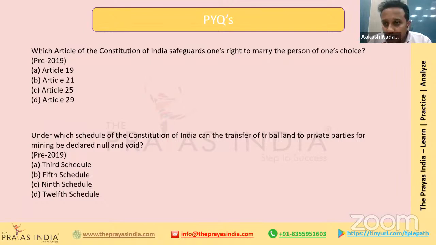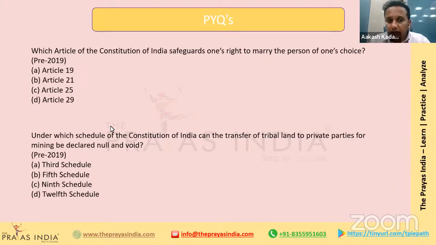So what do we learn from this? We learn that it is very, very important to follow Supreme Court judgments, because whenever the Supreme Court comes up with an important judgment, that judgment becomes very important. After that, the next question: under which schedule of the Constitution can a transfer of tribal land to private parties for mining be declared null and void?